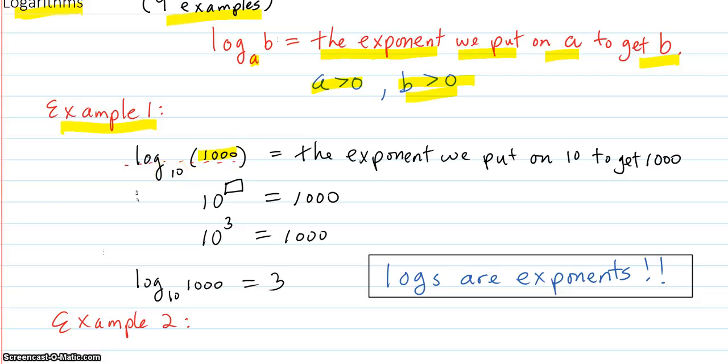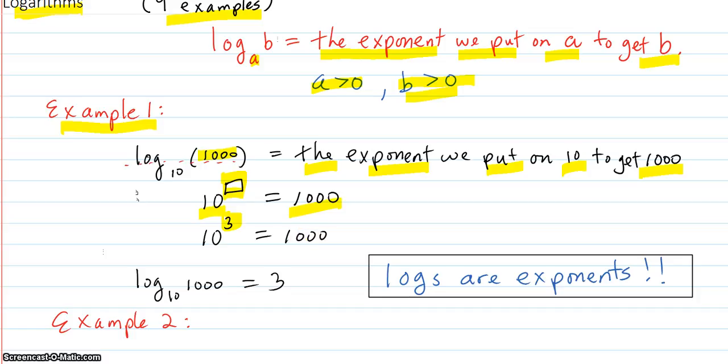So it's the exponent we put on the base 10 to get 1,000. Rather than saying that around your head 50 times, you write it down. What number do you put on the base 10 to get 1,000? You can see that 10 to the third is the number. 3 is the number that you put on the base 10 to get 1,000.